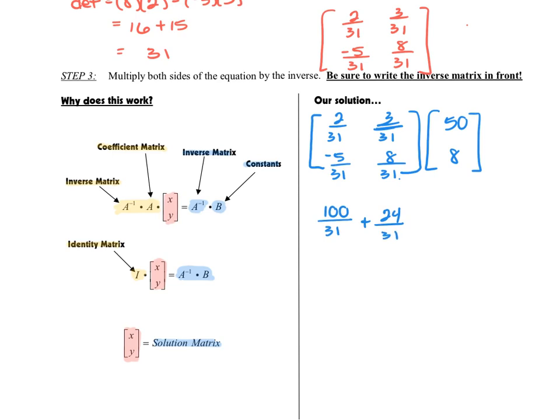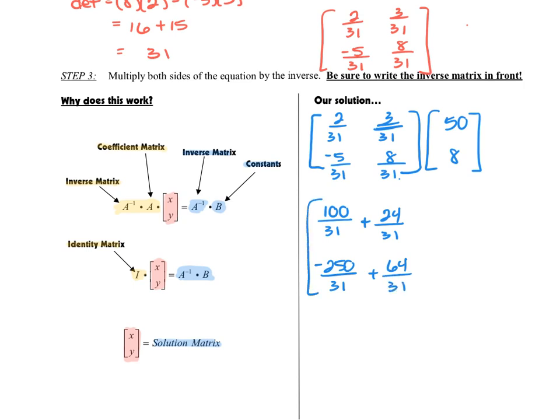And then I'm going to do the next row, which will be my -5 over 31 times my 50, and then my 8 over 31 times my 8. And that's going to give me a -250 over 31 plus a 64 over a 31.